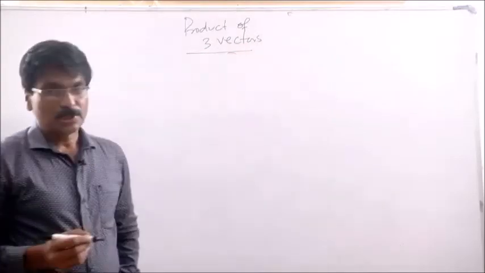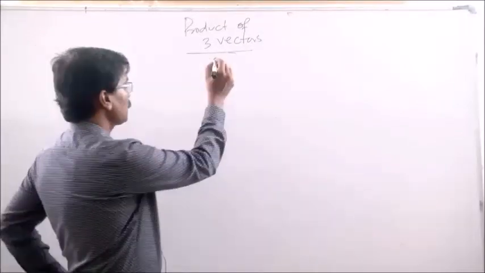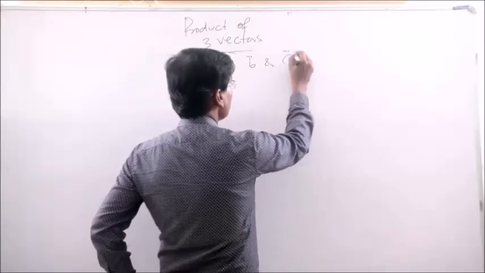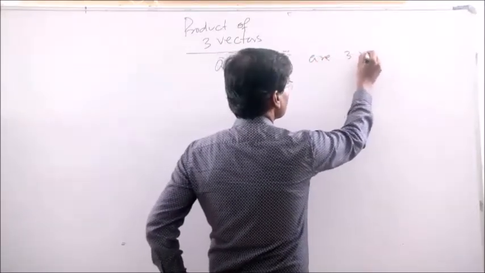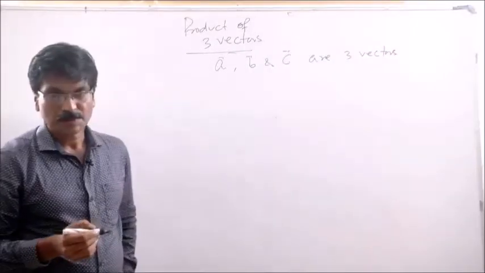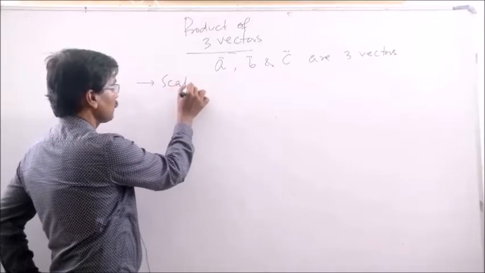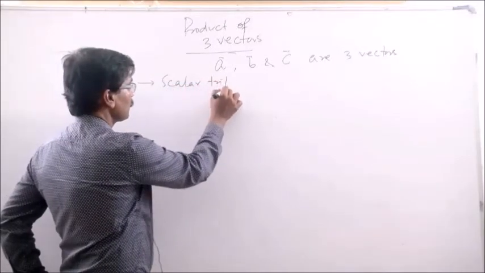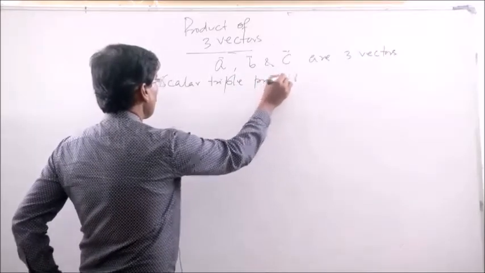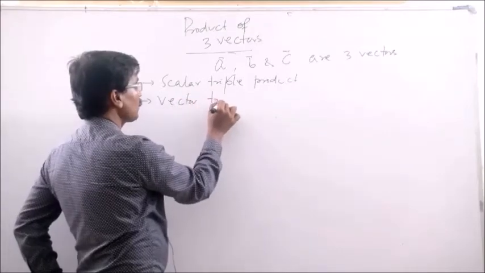So if a vector, b vector and c vector are three vectors, suppose a, b and c are three vectors. Now, what is the three vectors product? One is your scalar triple product, and the other one is vector triple product.